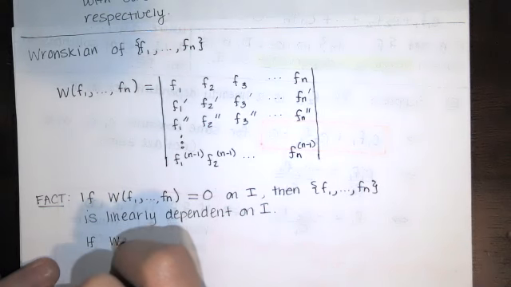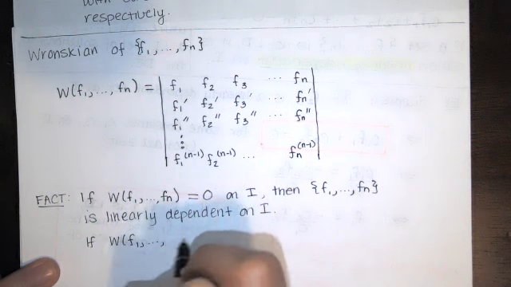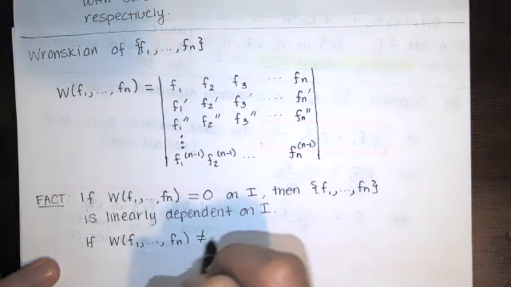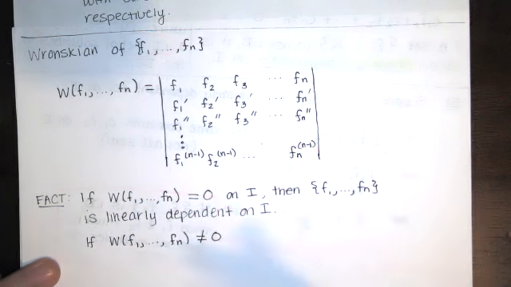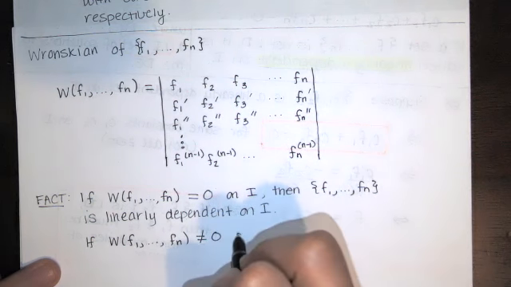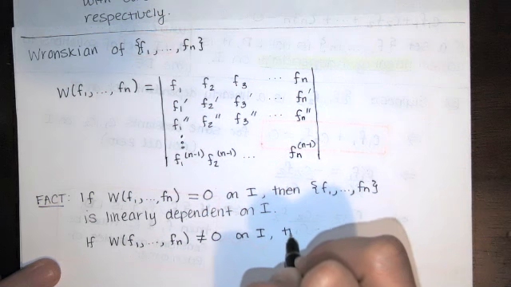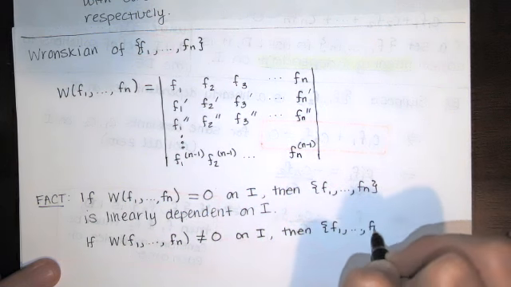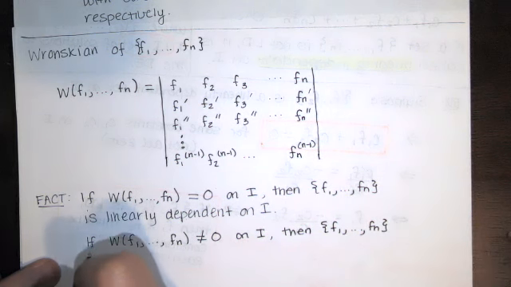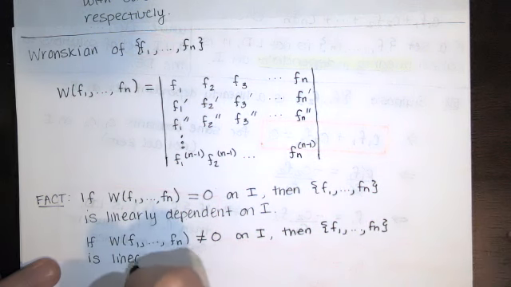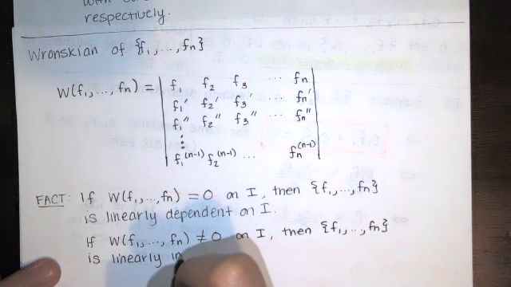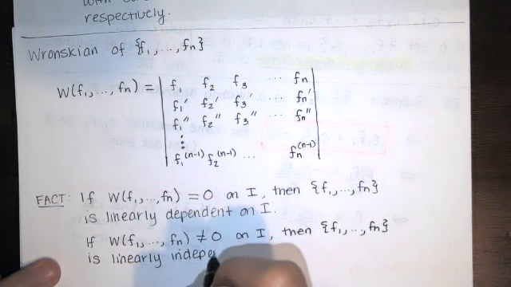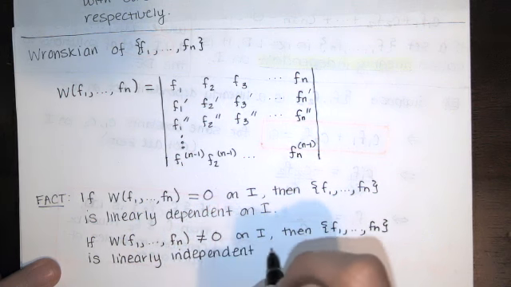If the Wronskian of that set of functions is non-zero for any particular value of the independent variable on the interval I, then the set of functions f sub 1 through f sub n is linearly independent on that interval I.